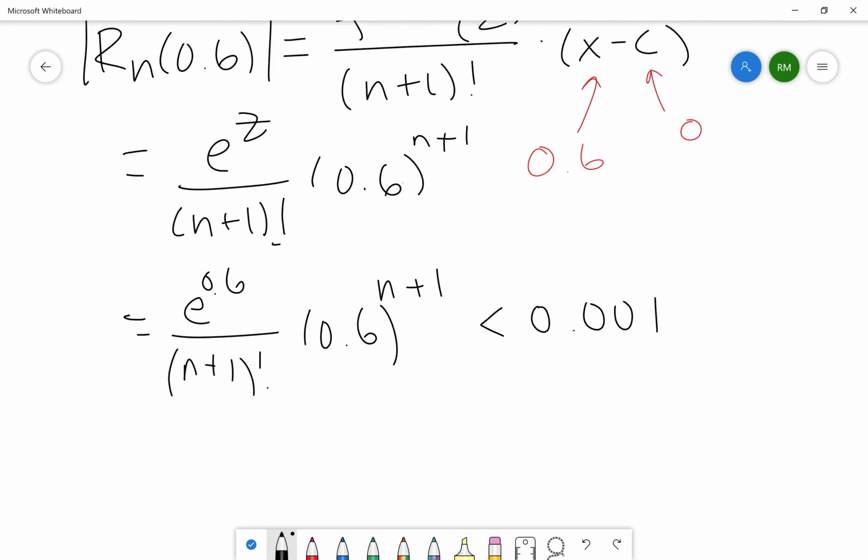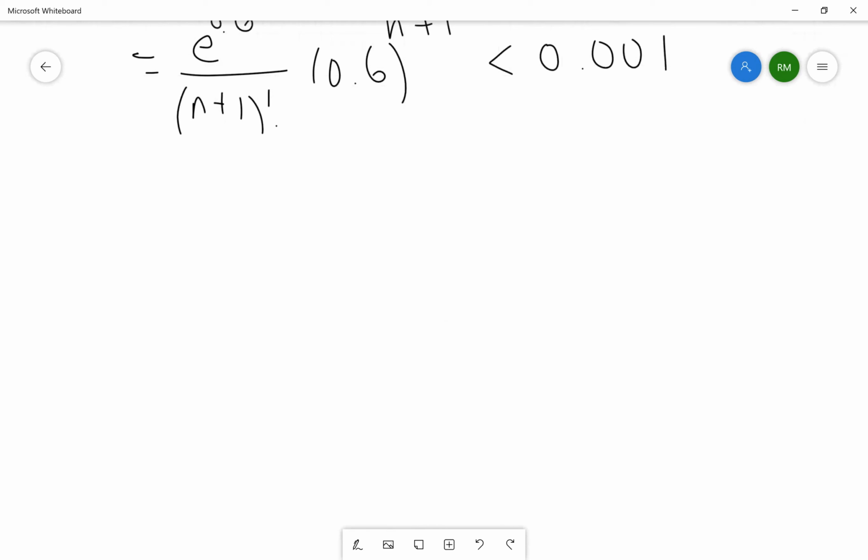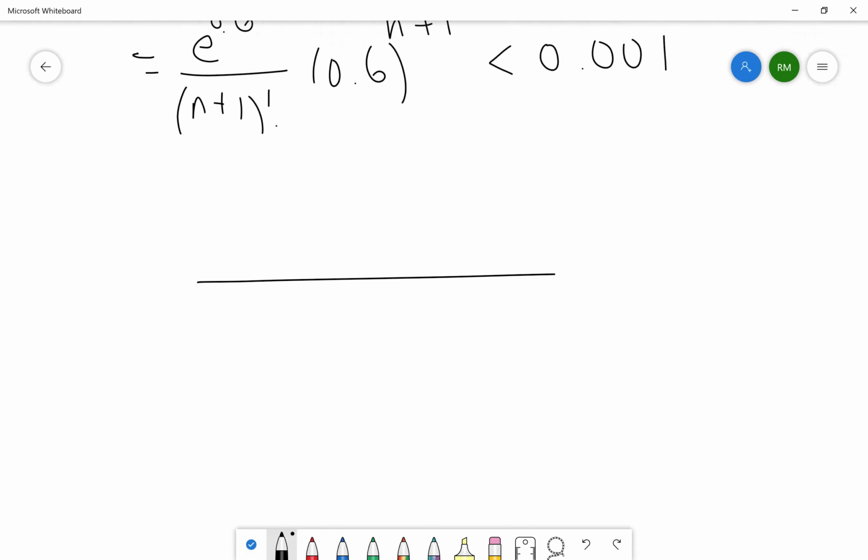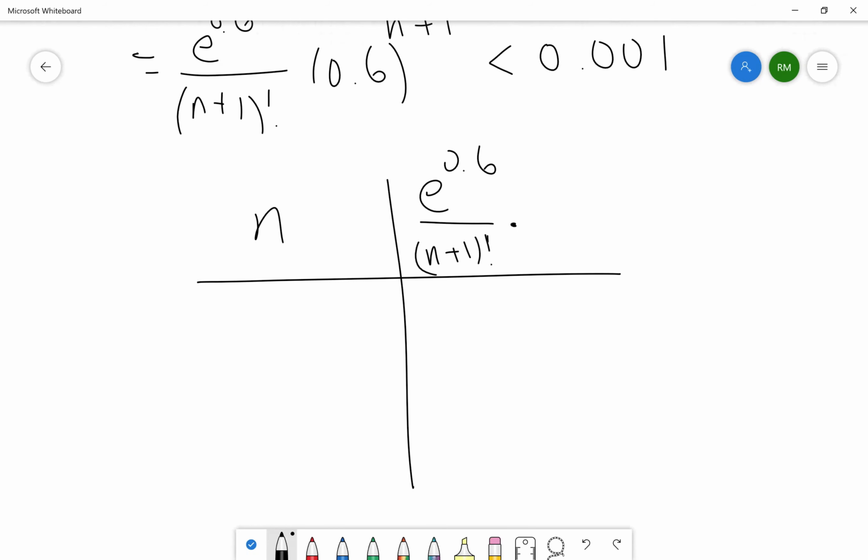So let's make a table and figure out what's the first n that works. Okay, so we have n, and we have e to the 0.6 over n plus 1 factorial times 0.6 to the n plus 1.